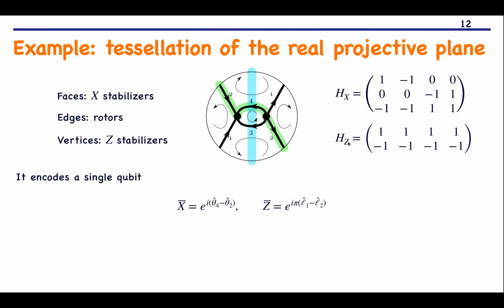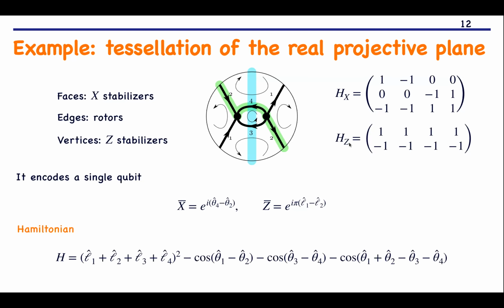So this encodes a qubit because the real projective plane has a torsion part, and these are possible logical X and logical Z. And we can also construct the associated Hamiltonian, so it will have this kind of kinetic term plus 2 weight 2 cosines and 1 weight 4 cosine.